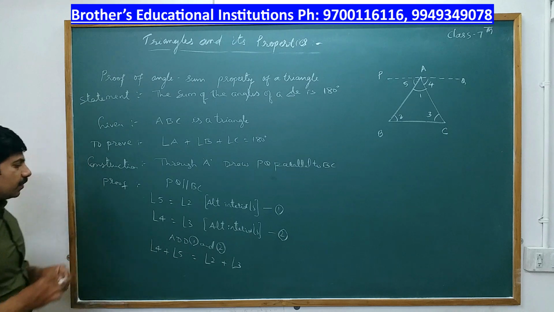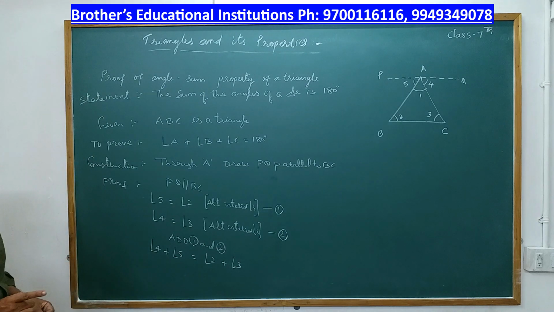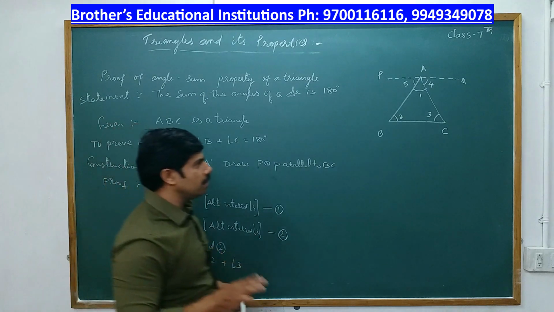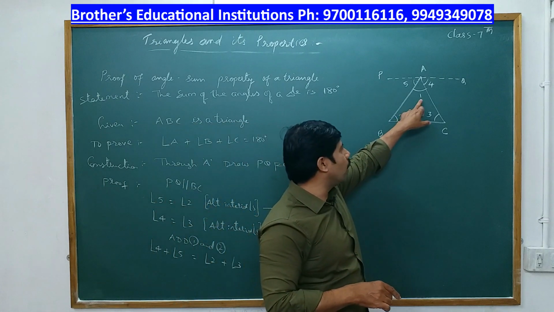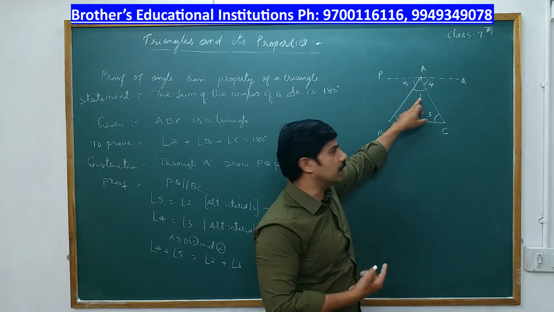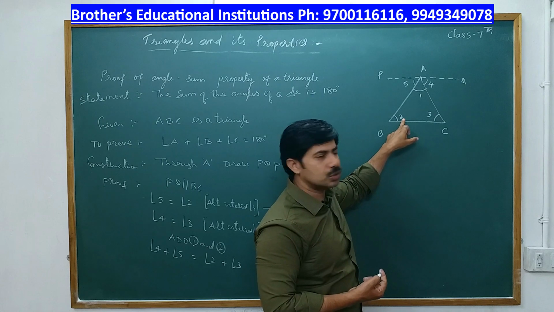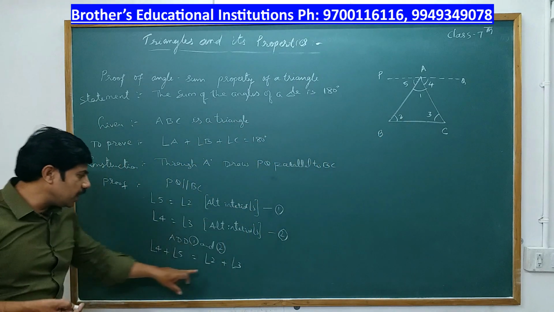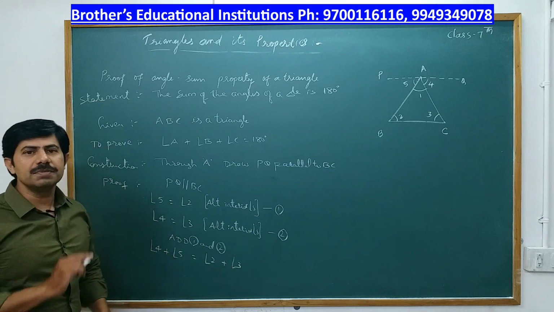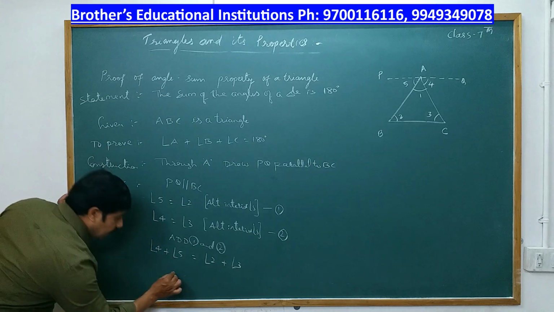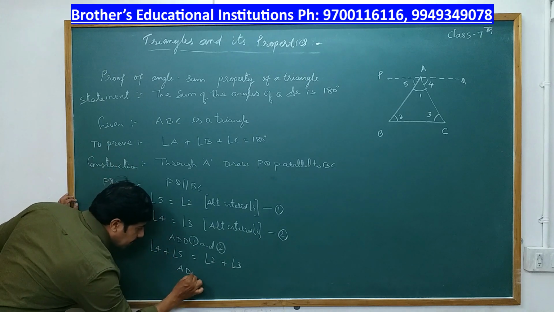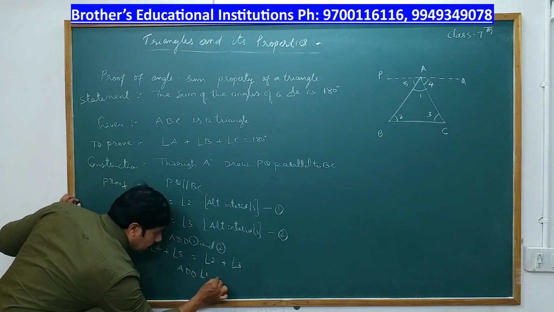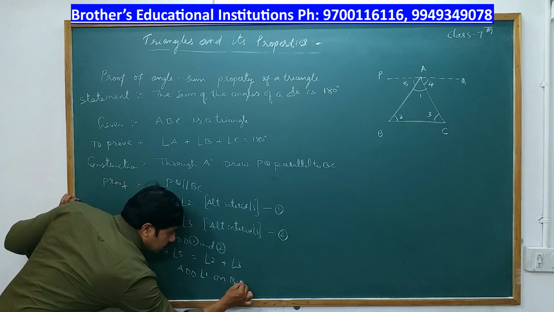Okay. Now we need angle A plus angle B plus angle C. Angle A is represented with 1, angle B is 2, angle C is 3. So 1 plus 2 plus 3 is 180. Here we already have 2 and 3. 1 is missing. So now we add angle 1 on both sides.